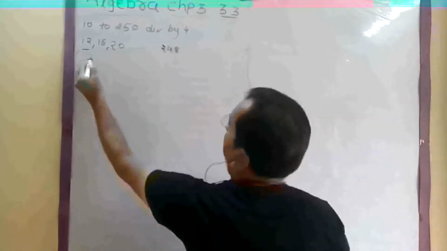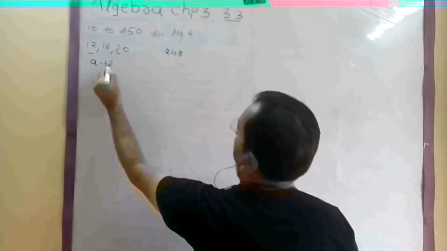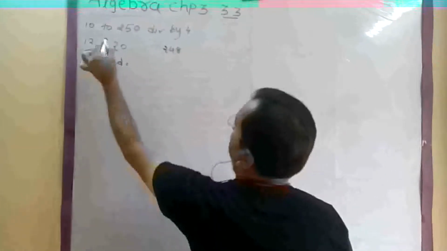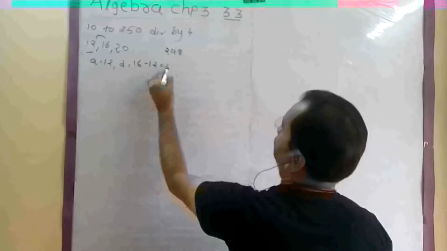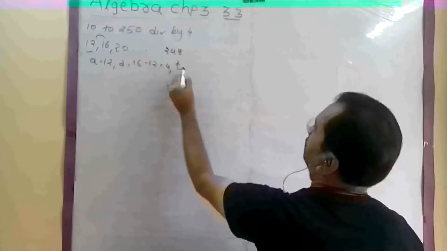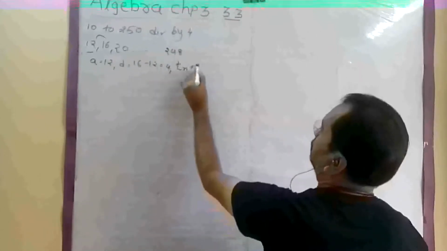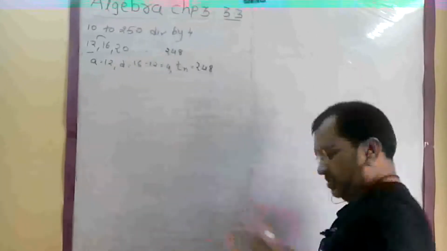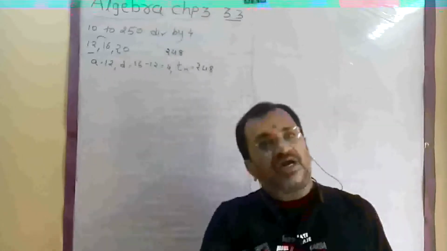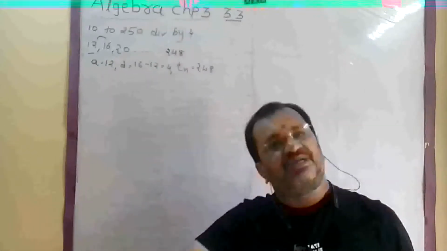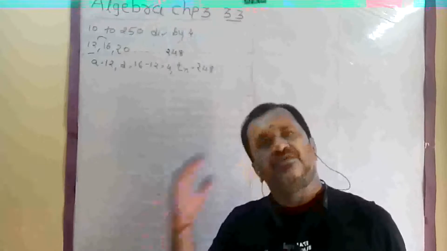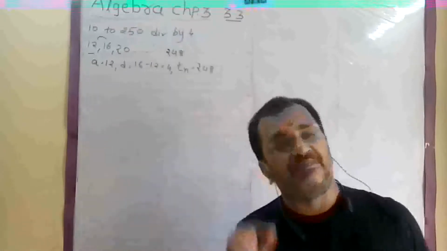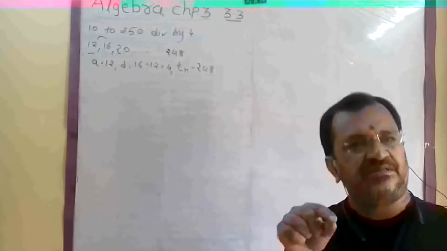Now the first number is always A. The difference is the second number minus the first number. And the last number Tn is equal to 248. We have to find how many numbers between 10 and 250 are divisible by 4. What is the question? How many numbers, that means n.